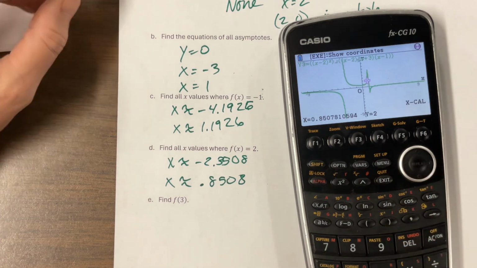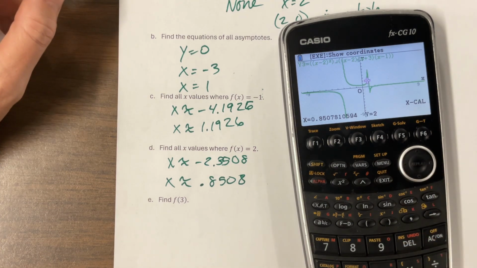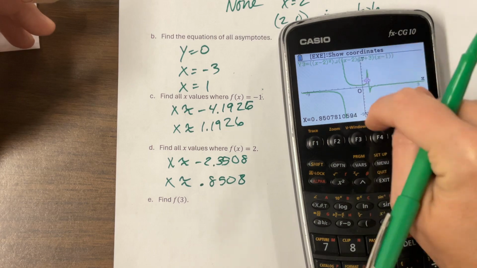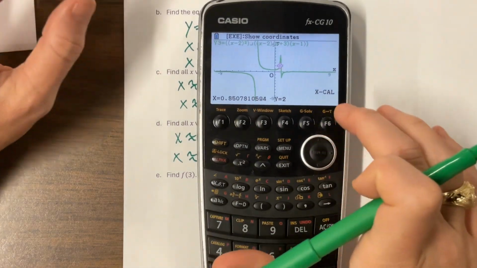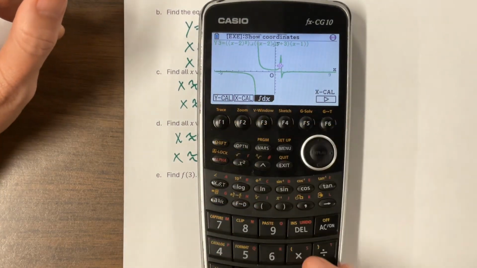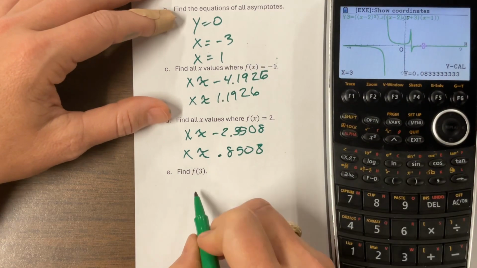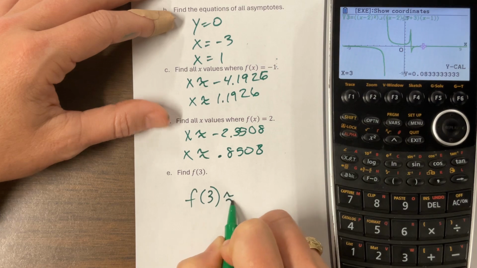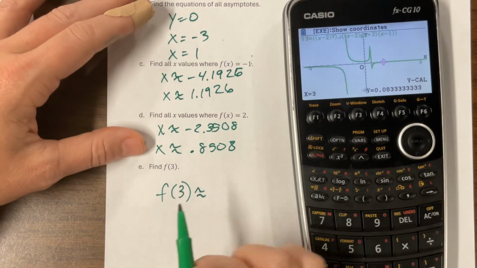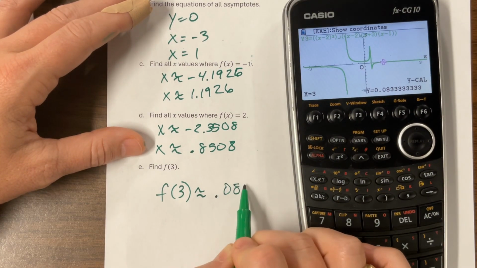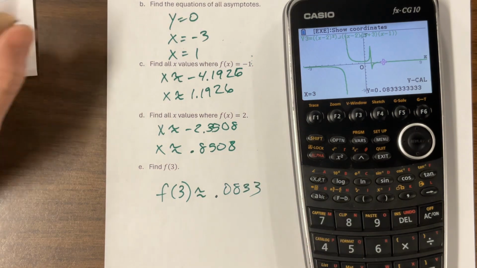And I don't think I have another one, because we kind of zoomed in and it was going up on one side and down on the other. Okay, find f of 3, g solve, go over y cal, when f equals 3. So that was f of 3 is approximately equal to, can you read that? 0.081 through whatever, there's 4 decimals.